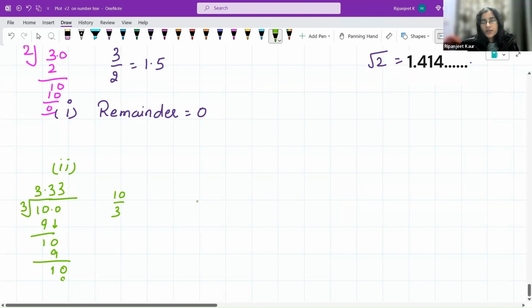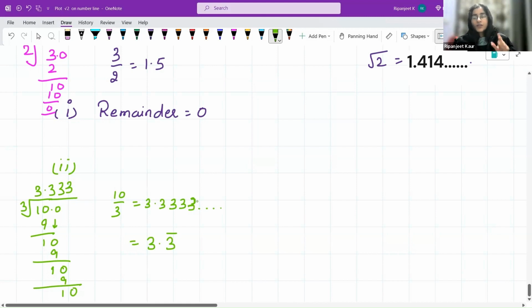Again it goes on, 3, 9, and then again 1 becomes 10. So it is going to go on 3.3, 3, 3 and so many 3s, right? Can we represent it like this? Yes, very good. See, the bar is always placed after the decimal point, not before the decimal point. Remember this, right? So the decimal representation starts repeating.